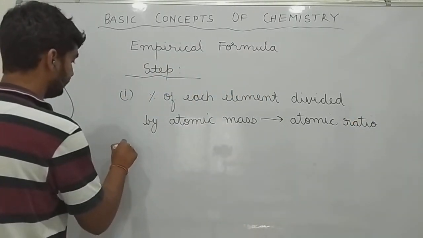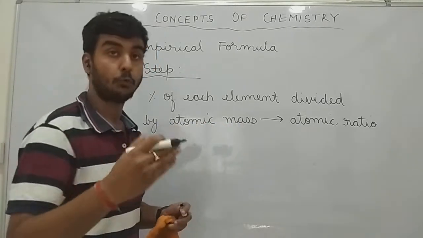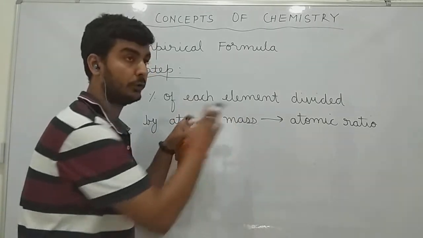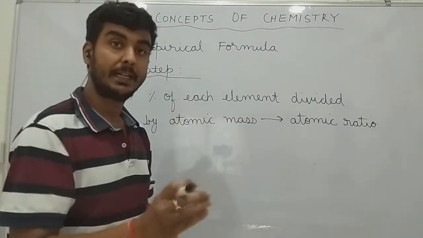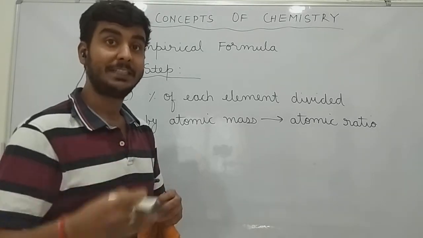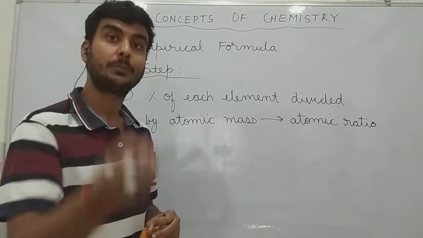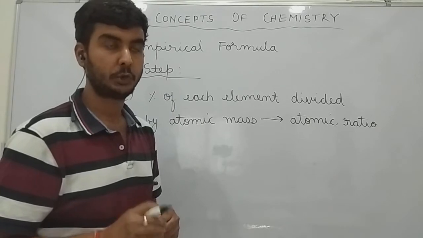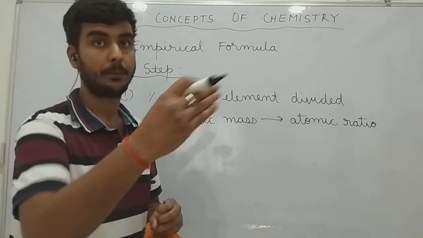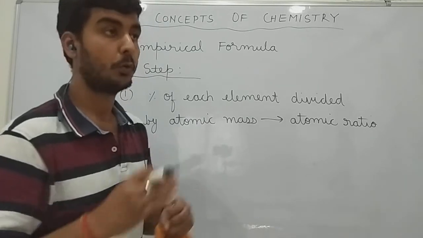Now the second step. Out of all the atomic ratios you have obtained by following step 1, select the smallest atomic ratio and divide all the atomic ratios by that smallest atomic ratio to obtain the simplest ratio between the elements. So what we will do?